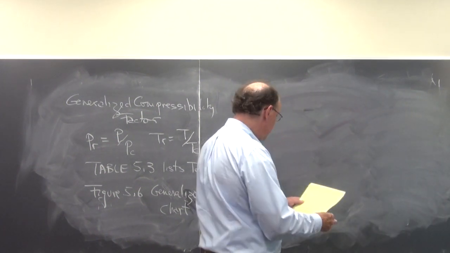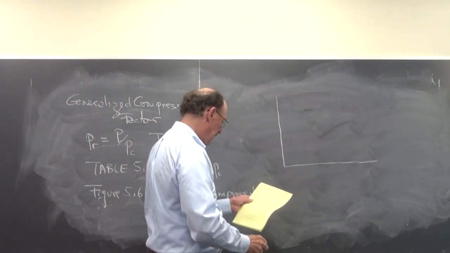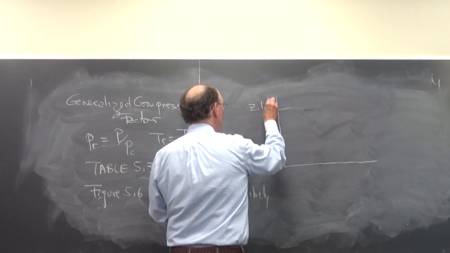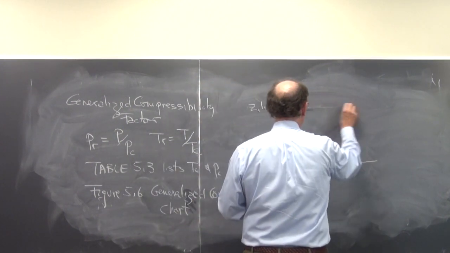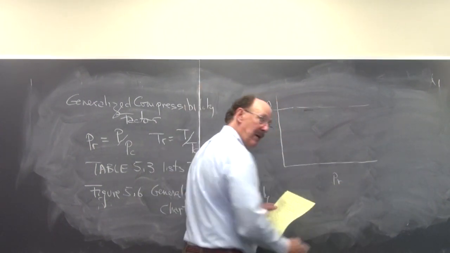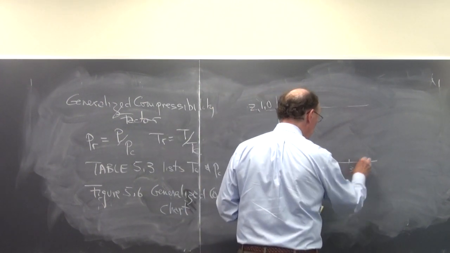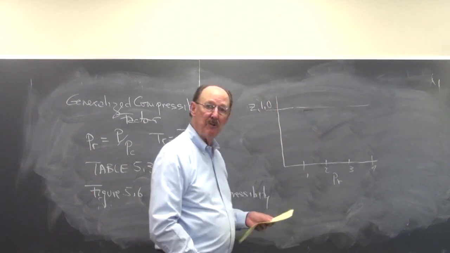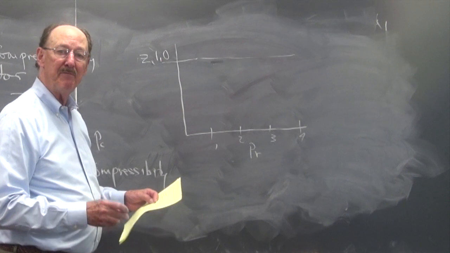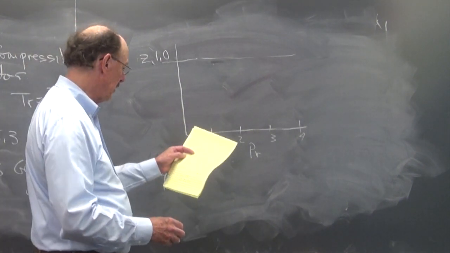So if I look at this diagram, we have here Z is 1.0, so I have this going across. And I have P sub R here, so I have P sub R 1, 2, 3, 4. And we also want to be able to find T sub R. The T sub R sometimes creates problems for people in terms of looking it up.